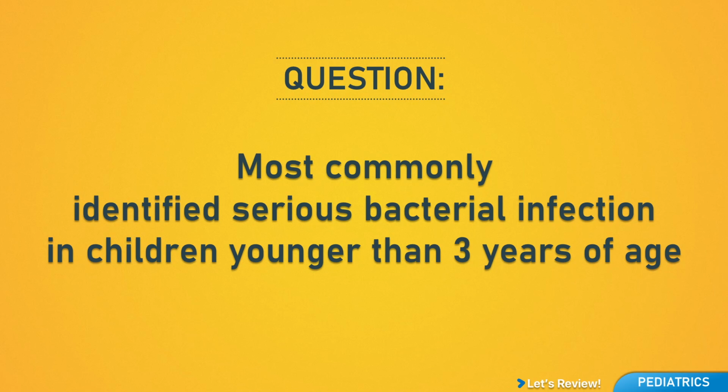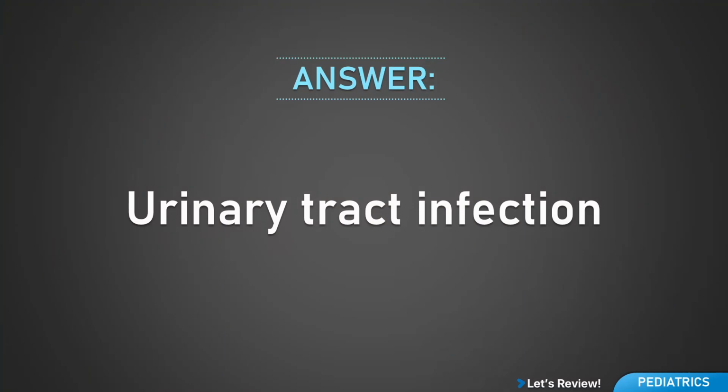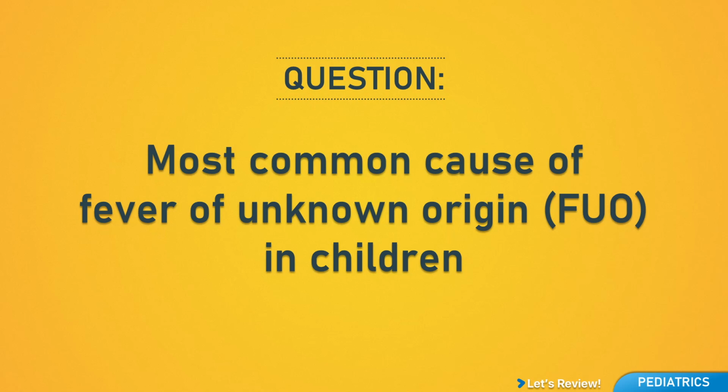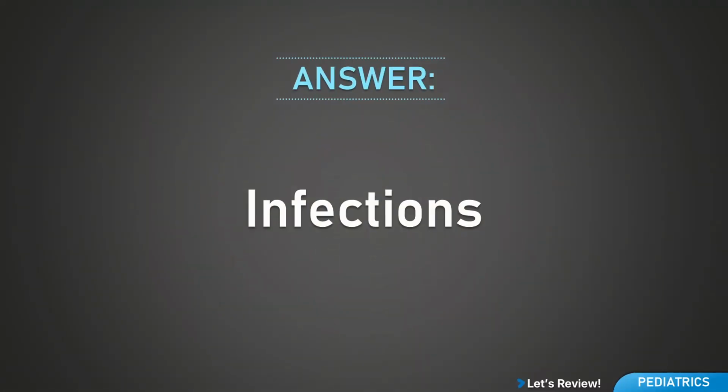Most commonly identified serious bacterial infection in children younger than 3 years of age. Urinary tract infection. Most common cause of fever of unknown origin, or FUO, in children. Infections.